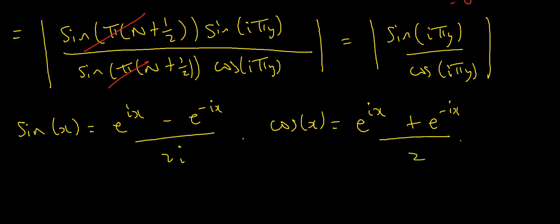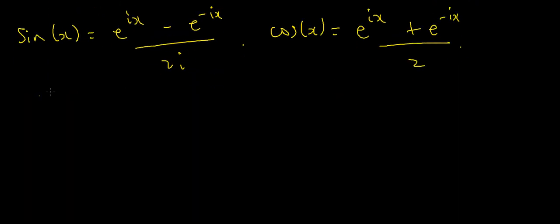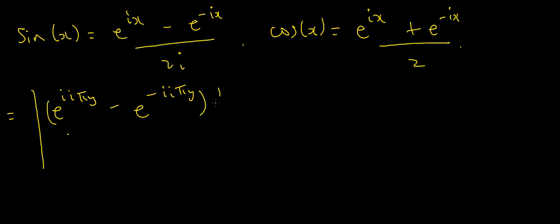And I'm going to use these results now to expand sine of i pi y and cosine of i pi y. So that's going to give me the modulus of sine of i pi y, which is e to the i times i pi y, which is minus pi y, minus e to the minus the same thing, and that's going to be multiplied by 1 over 2i.